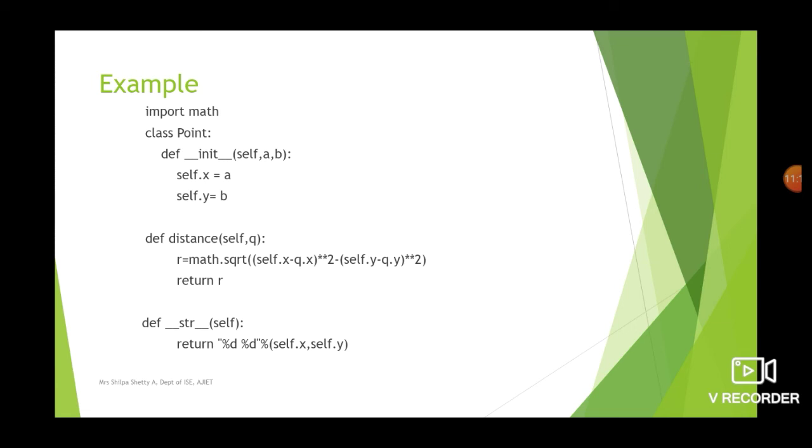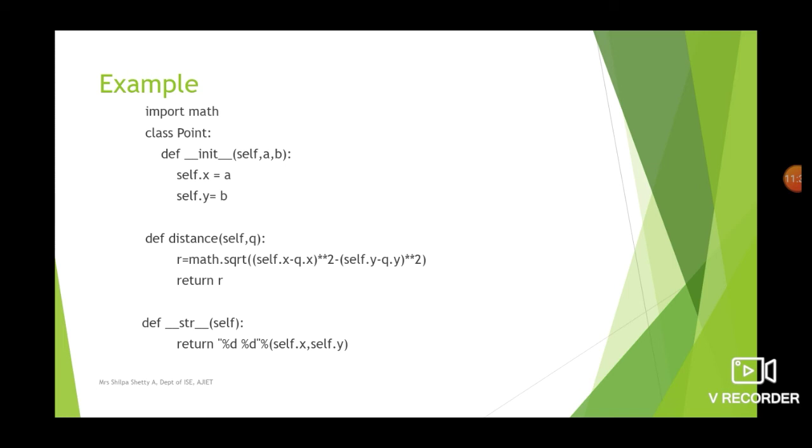For example, if I write print of p1, then p1 will invoke this str function. So what does this function do? It returns, just see the format here, %d, %d, percentage self.x, self.y. So that means it returns the value of x and y for the object that has invoked this function.